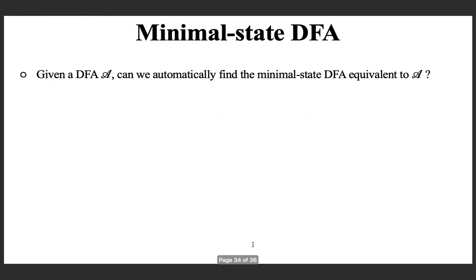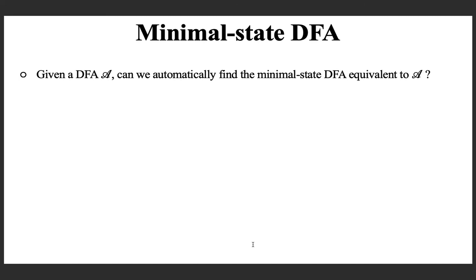Now an interesting question is, given a DFA A, can we automatically find the minimal state DFA equivalent to A? We want to find the DFA with the minimal number of states, that means the one with the least number of states to accept the same language.